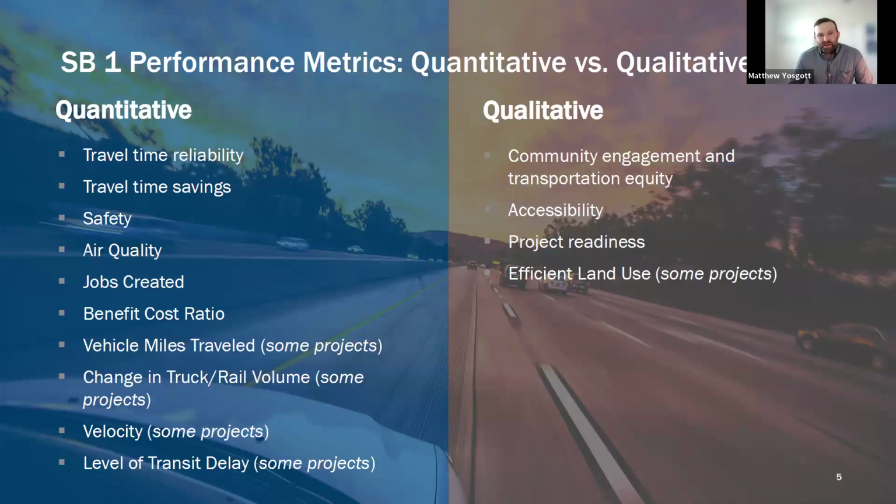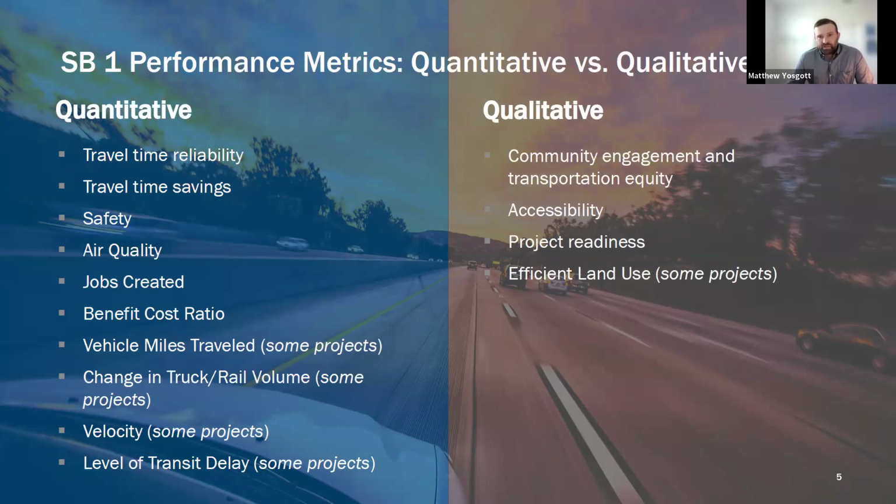Okay, so I'm not going to cover this slide in too much detail because I don't want to step on Hannah Walters' toes. I know she's going to cover it, but I did want to describe briefly the difference between the quantitative performance metrics that we ask for in the SB1 programs versus the qualitative performance metrics that we also ask for.